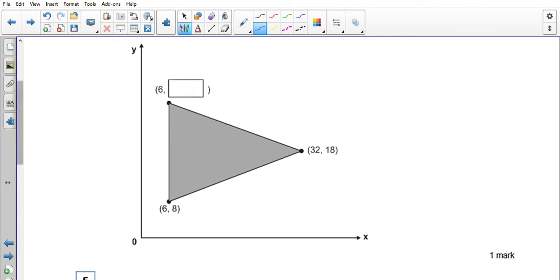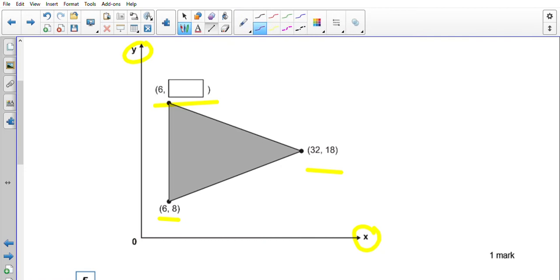So again, if we come back to our graph, we have our y, we have our x, we've got x and y, we've got x and a missing y coordinate here. So this one's fairly straightforward because you're given the x coordinate. You know that's 6 because it stays in line. You're not given a y coordinate, so that's something we need to work out.